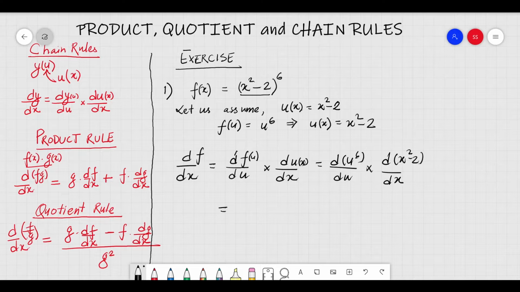So your first term would be 6 u to the power 6 minus 1 times d(x squared minus 2) by dx.